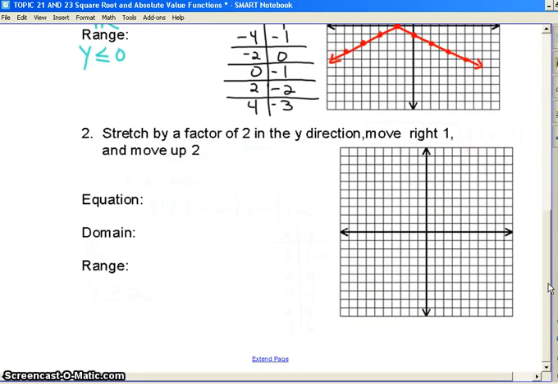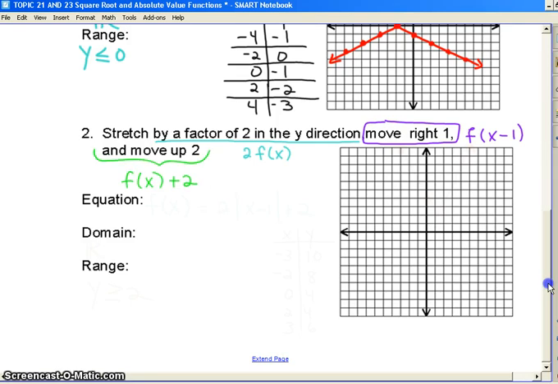All right, number 2, stretch by a factor of 2 in the y direction. That means 2 times your function. Move right 1. That means x minus 1. And move up 2. That means your function plus 2. When we put all that together, our new equation is 2 times the absolute value of x minus 1 plus 2.